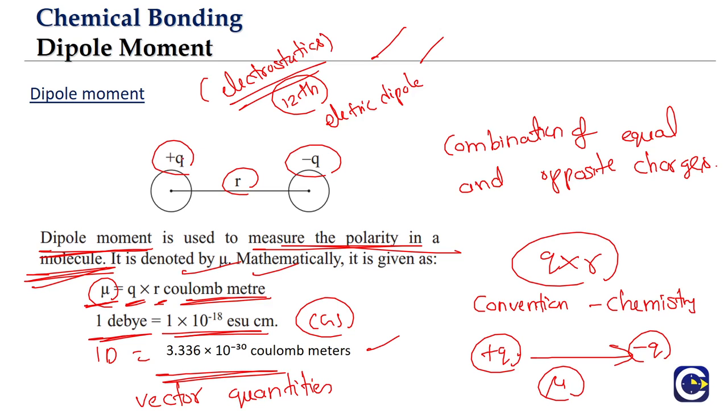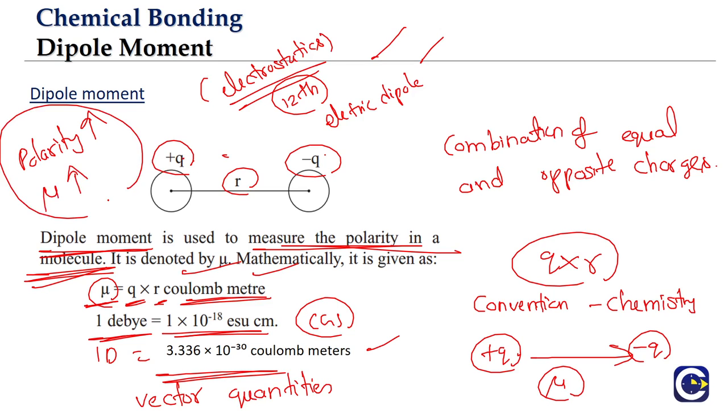The charge values are going to be higher, that is, more polarity gives us more charges, and more charges means the dipole moment also will be higher. Generally, if the polarity of the bond is high, the corresponding dipole moment also will be higher. This is the relation between the polarity in a bond and the dipole moment.